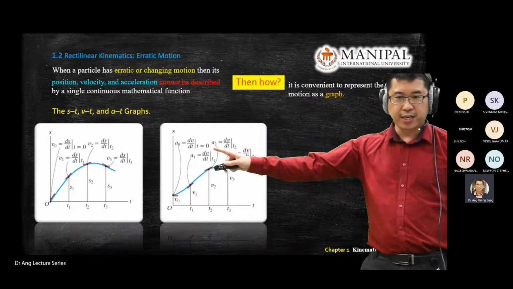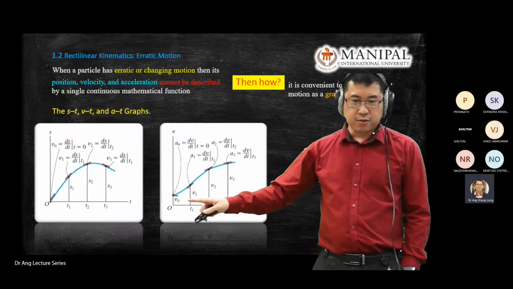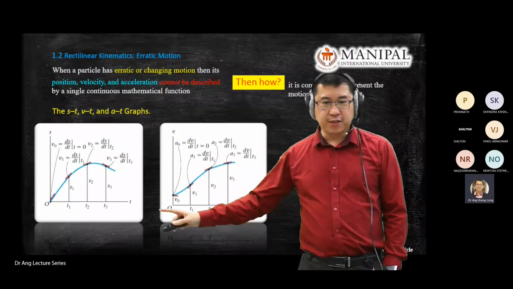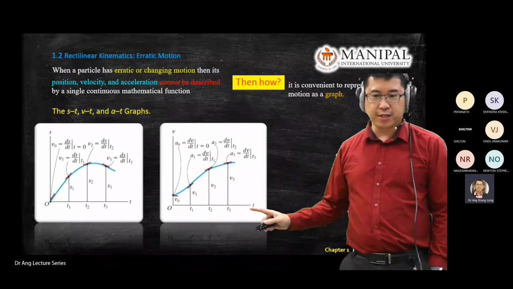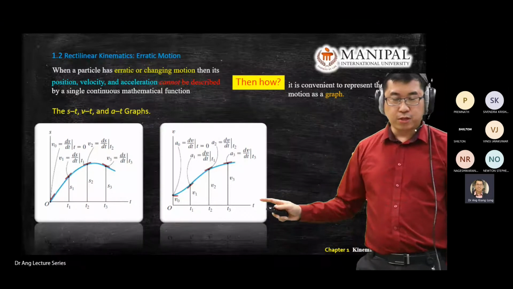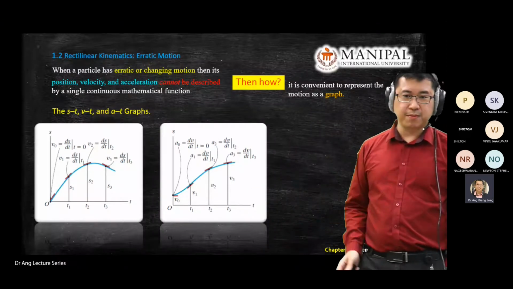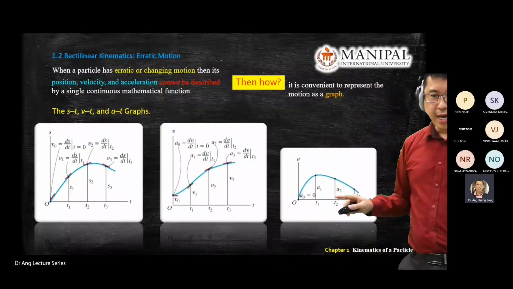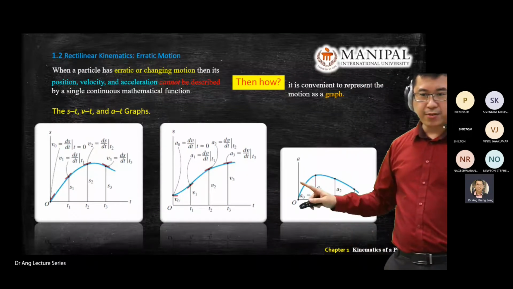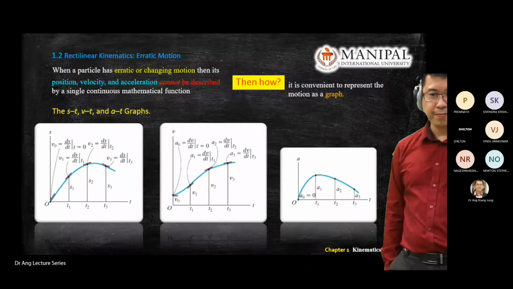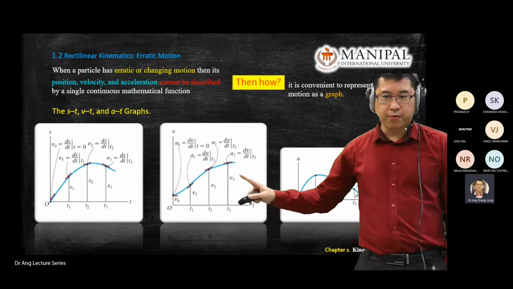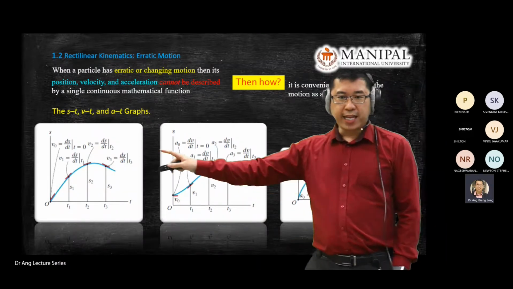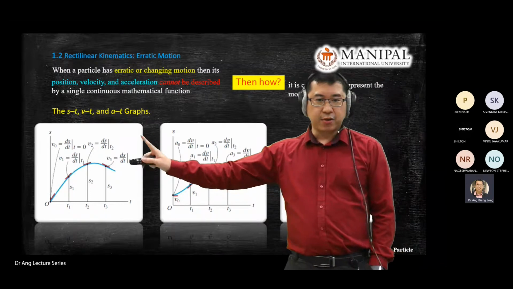You will see this one later, but try to observe the differences of the three graphs. The differences are on the axis. I think you learned this in your SPM physics before, so we just revisit the concept. And another type is acceleration versus time. You have three types of graph for today.